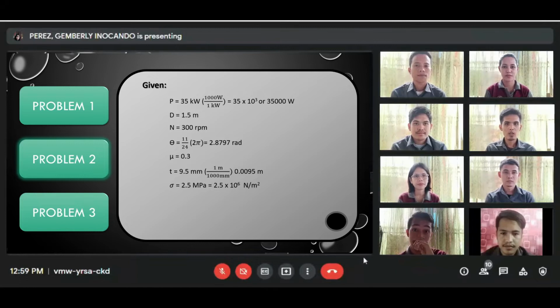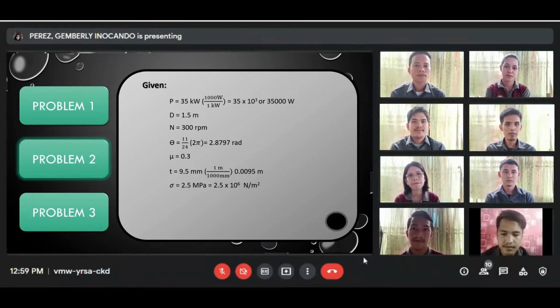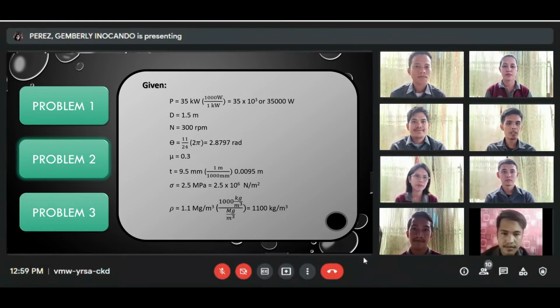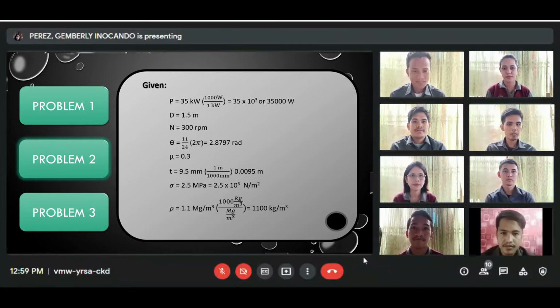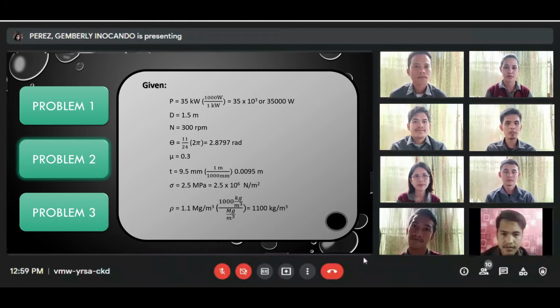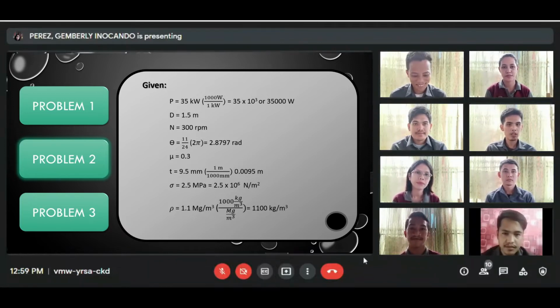The stress is 2.5 MPa, or 2.5 times 10 to the power of 6 Newton per square meter. The last one is the density, 1.1 megagrams per cubic meter. Since it is in megagrams per cubic meter, we convert to kilograms per cubic meter by multiplying by 1000, so it equals 1100 kilogram per cubic meter.